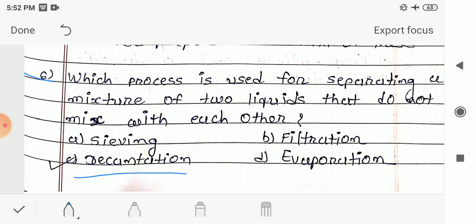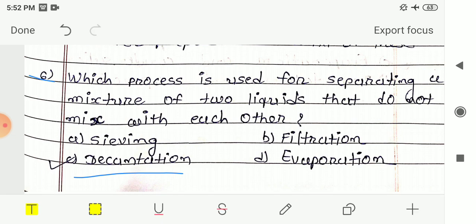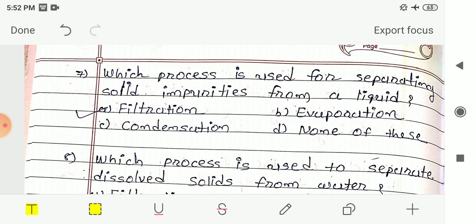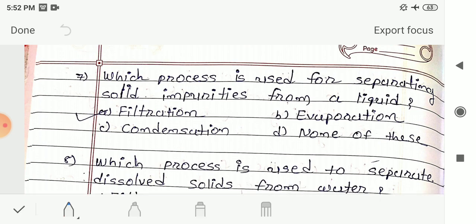Next, seventh number, which process is used for separating solid impurities from a liquid? The options are given to you, that is filtration, evaporation, condensation and none of these.